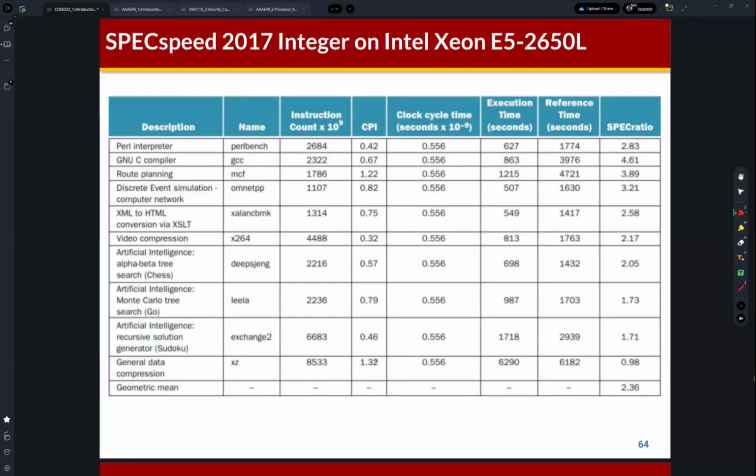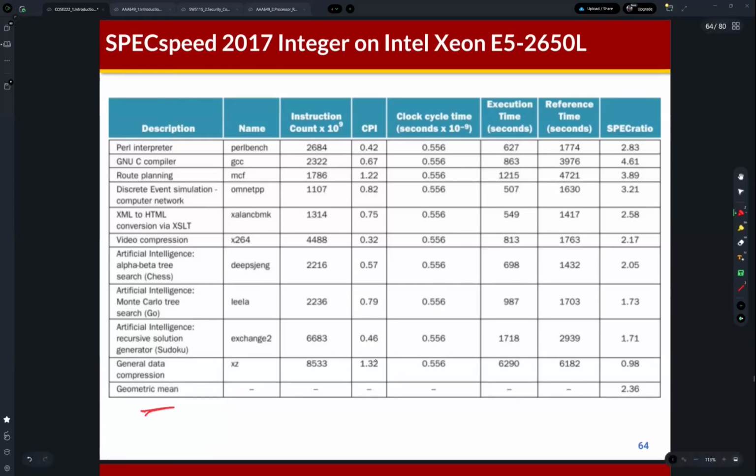Okay? This is 2006. So this is the list of examples of SPEC benchmarks. Okay? You can find some different applications like GCC, PerlBench, or x264. Okay? And then you can also find the description here. So CPI is here. You can find the instruction count. Okay?